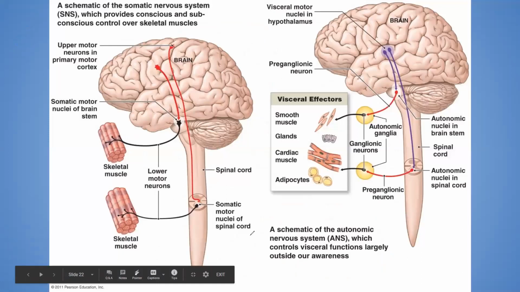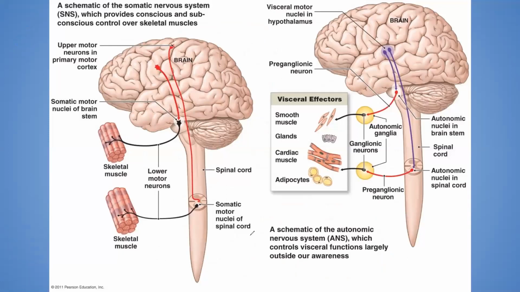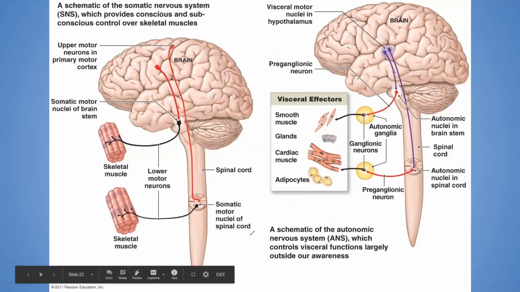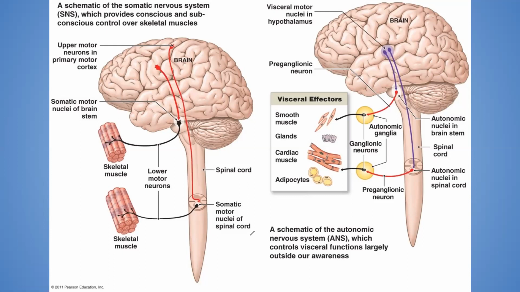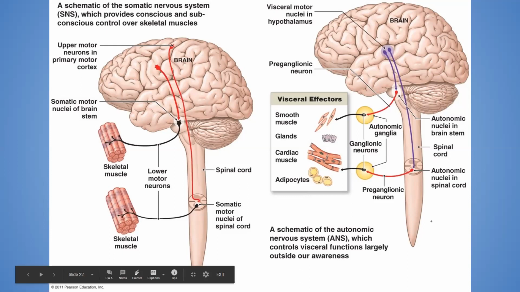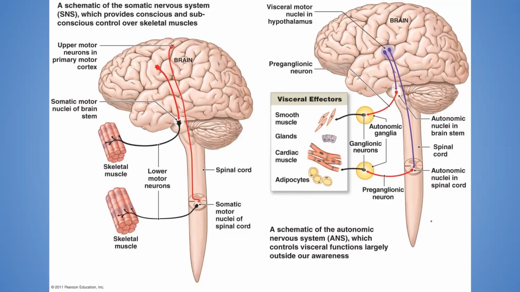Okay, so this does a pretty nice job of showing, again, how the somatic versus the autonomic nervous system will affect where they are going to go in the brain. So we can see in this image, we have a picture of our brain. This is going to be our SNS, or our somatic nervous system.